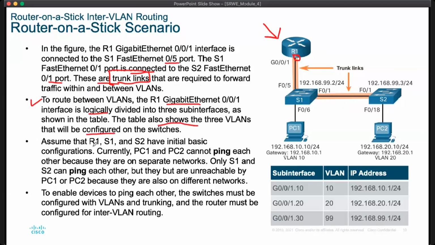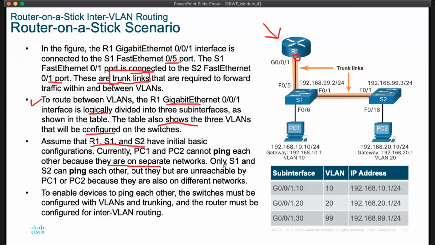Assume that R1, S1, and S2 have initial basic configuration. Currently, PC1 and PC2 cannot ping each other because they are on separate networks.